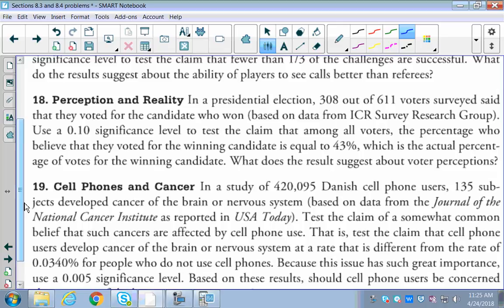What does the result suggest about voter perception? Is it a proportion or a mean? It is a proportion.